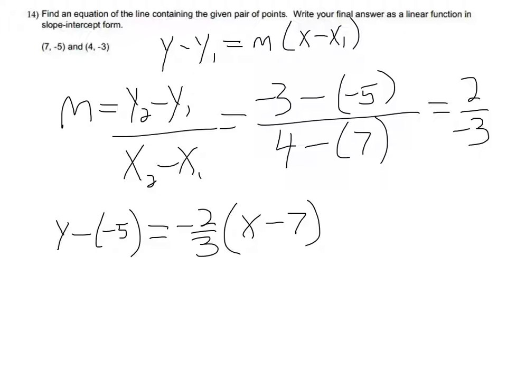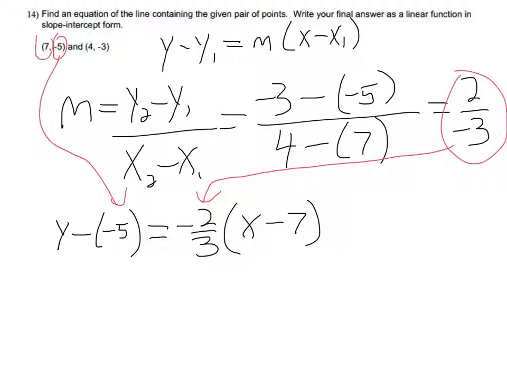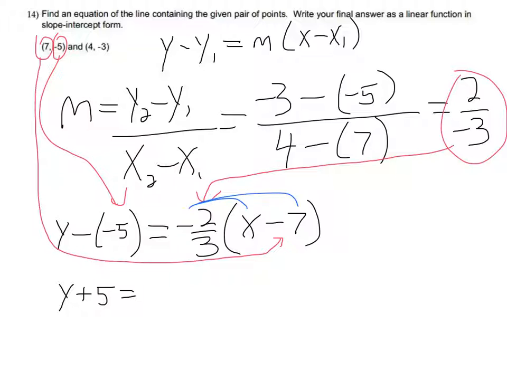And now some arrows to make sure you're knowing where everything came from. There's my x1, y1, and my m. Now we simplify. Y plus 5 equals, and here I'm going to distribute, negative 2/3 x plus 14/3.